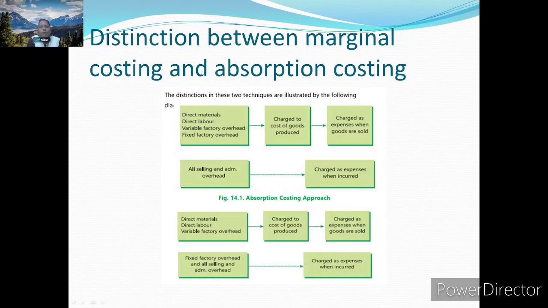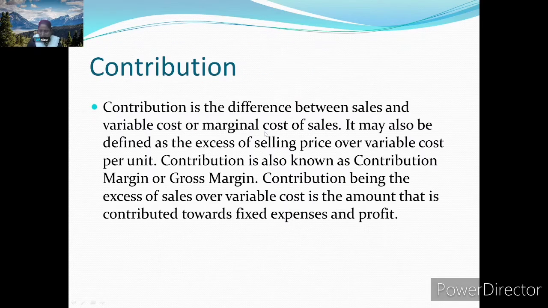These are the various things we will consider for the distinction between marginal costing and absorption costing. Now let us understand the most important part, that is what is the contribution. Contribution is the difference between sales and the variable cost or marginal cost of sales. You can very easily understand that contribution is equal to what?